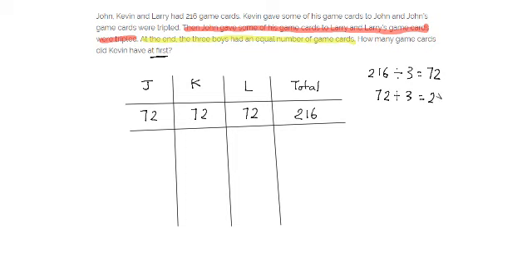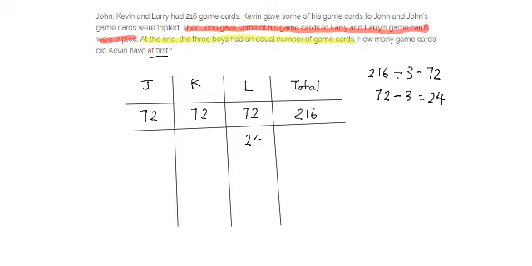So we know that before Larry receives any game cards from John, he actually has 24 game cards. So that means I need to return the 48 game cards to John.